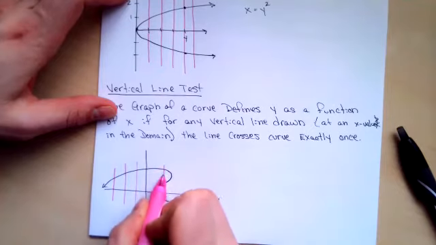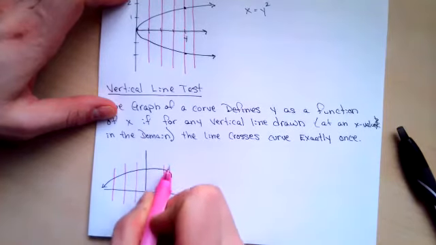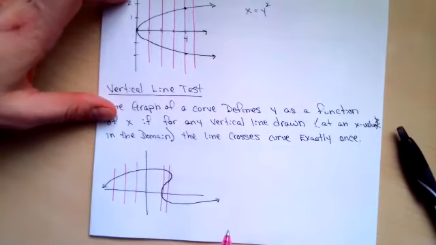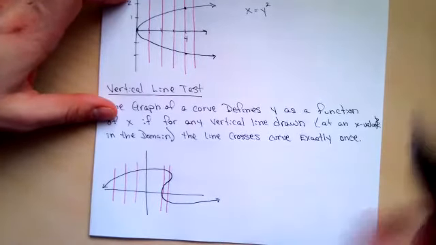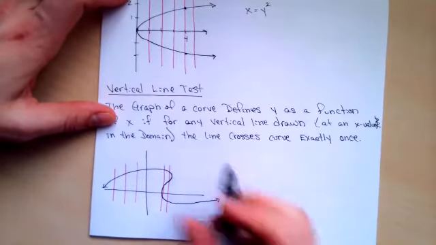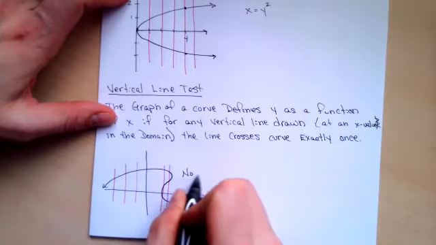But as soon as I get over here in this small little region, I can draw vertical lines, and now we're crossing 3 or 2 times. So if any of the vertical lines fail, it fails universally. It's not a function.